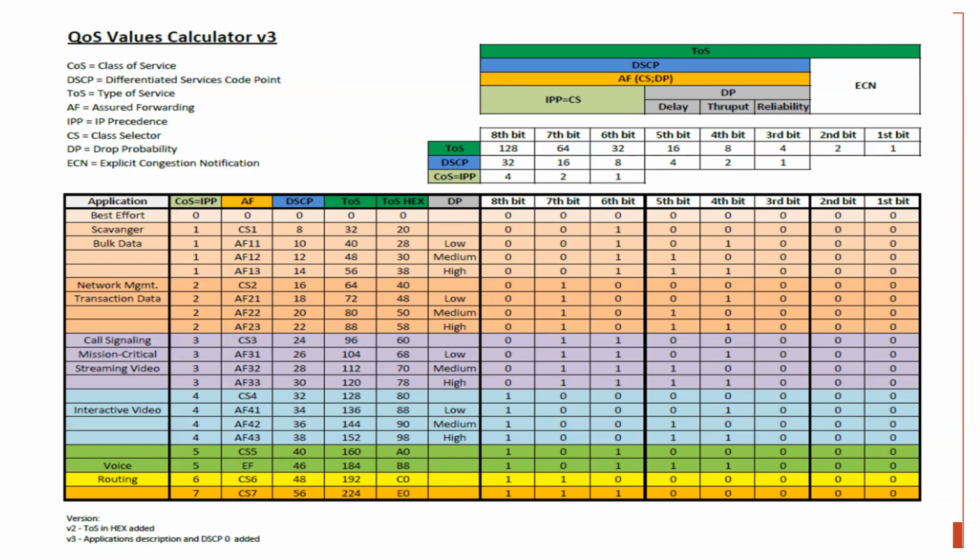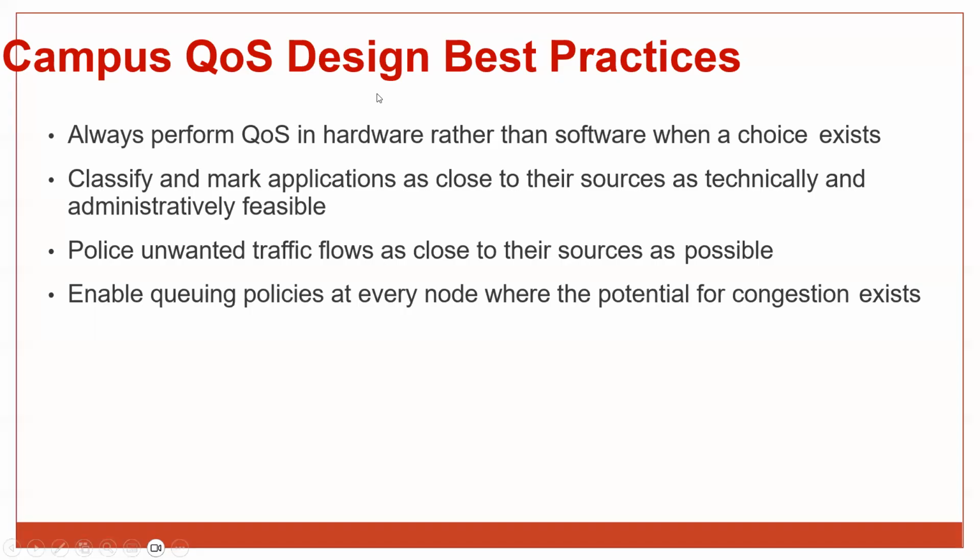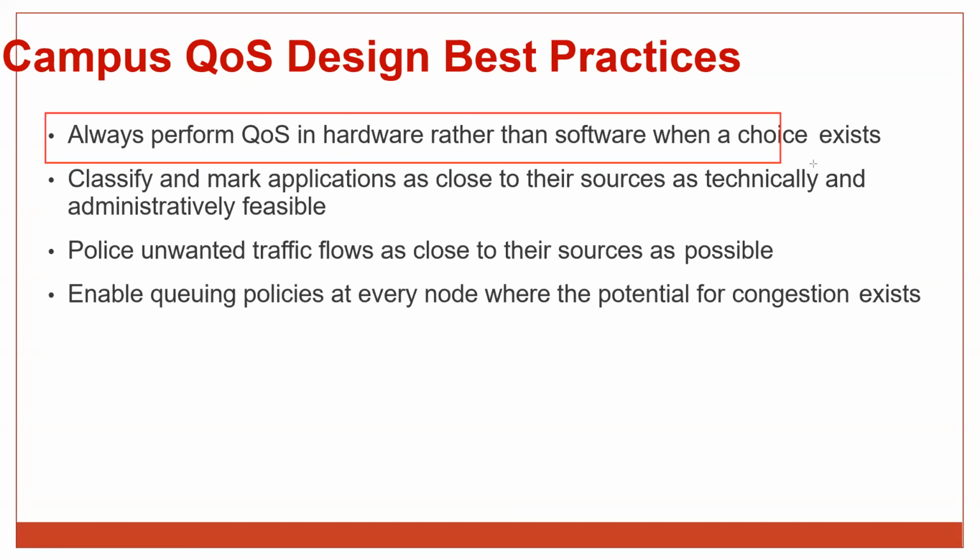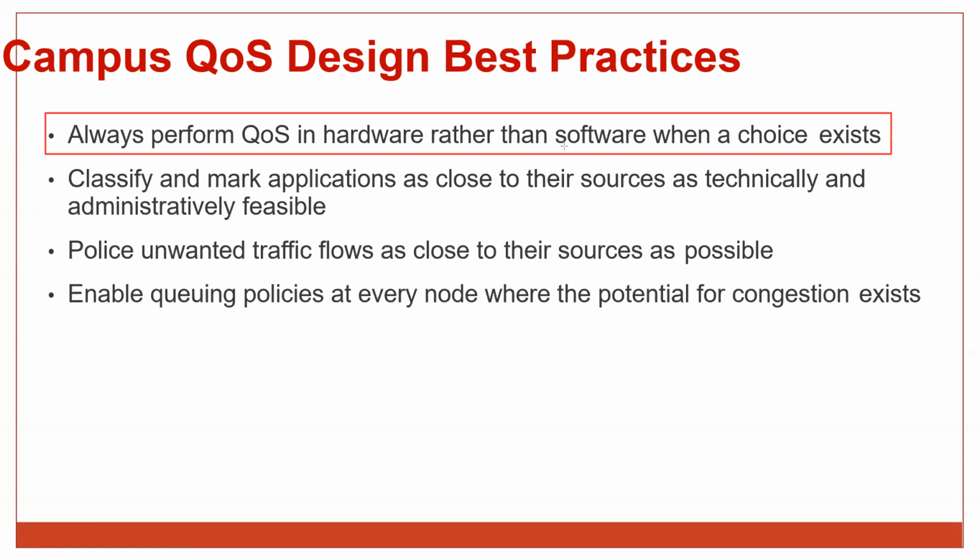So now we have this full chart, and how can we utilize this chart in the device? Let's try to understand that. These are best practices points, and it's very interesting, sometimes things are mixing and connected. Always perform QoS in hardware. Try to perform hardware QoS first, then software.